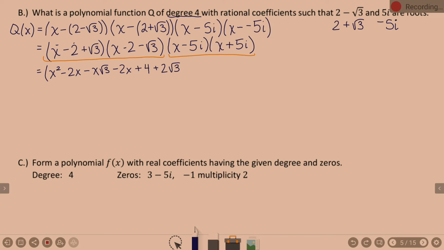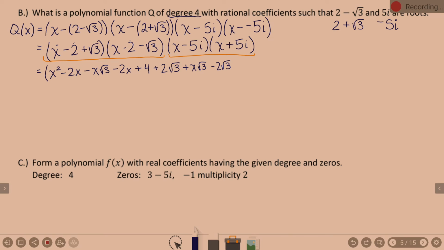And then we still have to distribute the square root of 3, yes? Square root of 3 times x, plus x square root of 3. Square root of 3 times negative 2, minus 2 square root of 3.